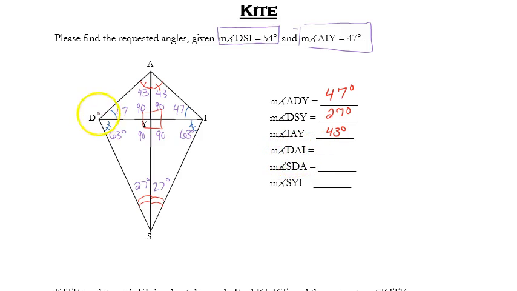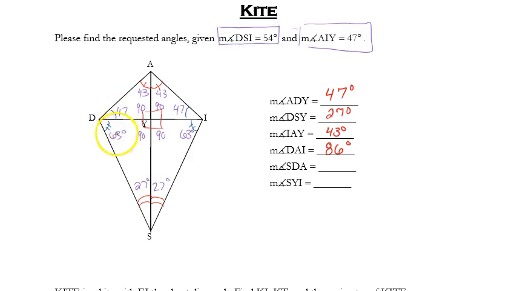DAI, D to A to I. Now that's this entire angle. That's not 43. That's an angle addition. 43 and 43 is an 86-degree angle. Angle SDA, S to D to A. Again, it is an angle addition problem, but it's not 47 times 2 or 63 times 2.